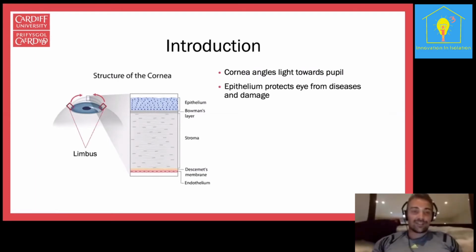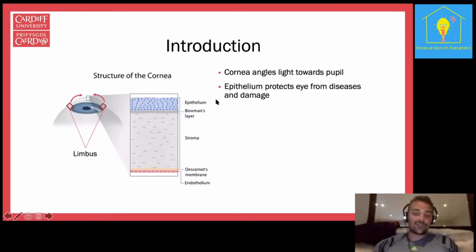Every time you blink, you'll lose some epithelial cells. And it is regenerated from these structures called the limbus. This is a ring all the way around the cornea, and in this structure we have stem cells, what we call adult stem cells. I'll talk a little bit more about the different types that we have.